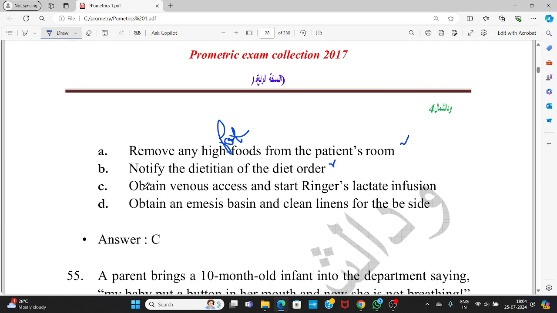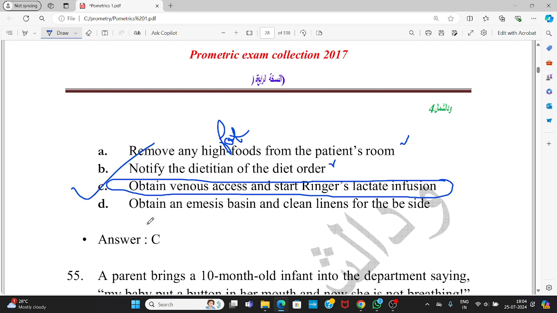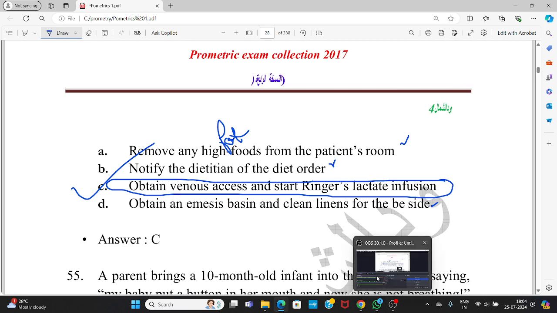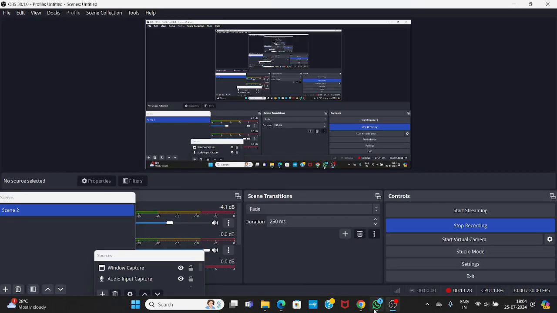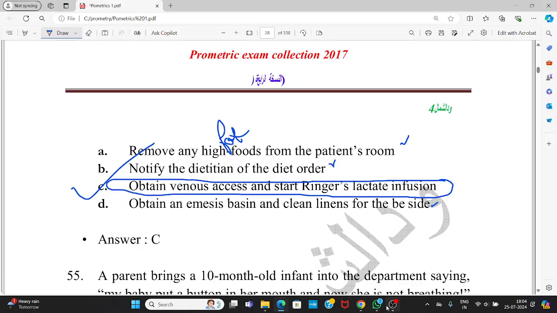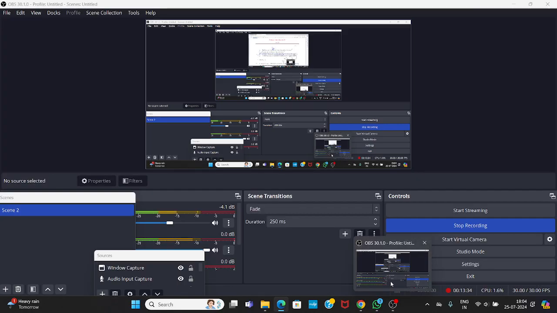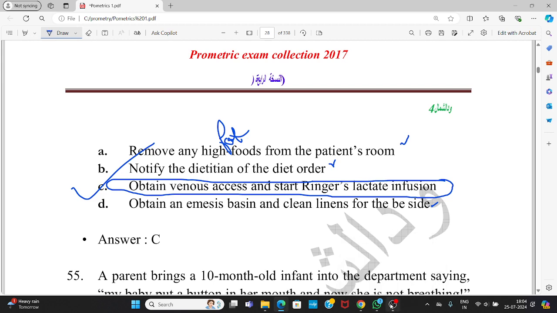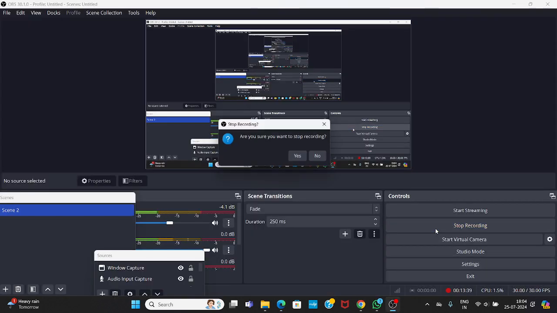No. Obtain venous access and start Ringer lactate. Yes, you should give RL, isn't it? Obtain an emesis basin and clean linens. This also you should do, but not as an emergency. So the answer for this will be obtaining venous access and starting the Ringer lactate solution. So we will see in the next class.